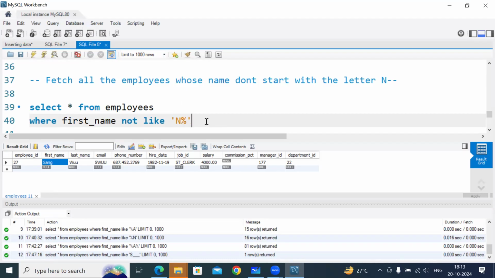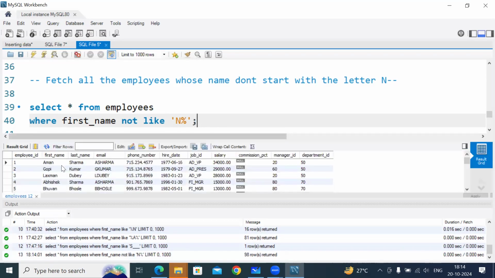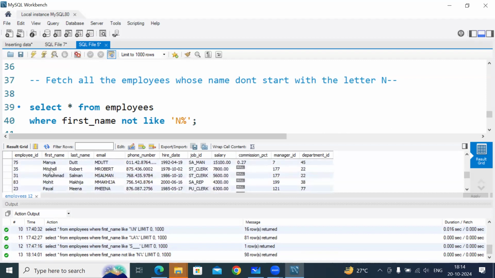So if I say this and press Control Enter, I would be getting all the employee names starting with A, B, C, D, and so on till Z, but not starting with the letter N. See, when you carefully observe here, I have got all the letters starting with M, everything, but not N. After M, immediately I have got P. This output has skipped the letter N because we are saying I don't want any employee names starting with N. So basically NOT LIKE is quite the opposite of LIKE.